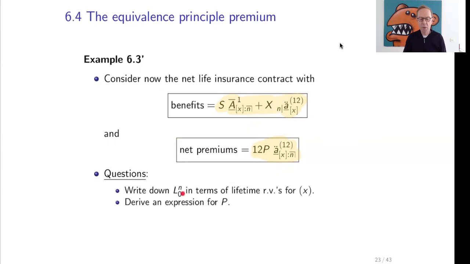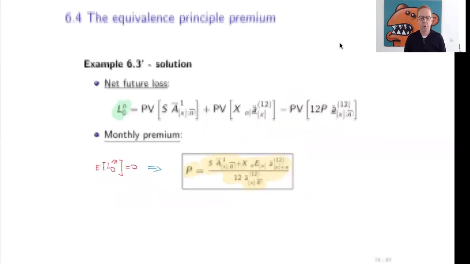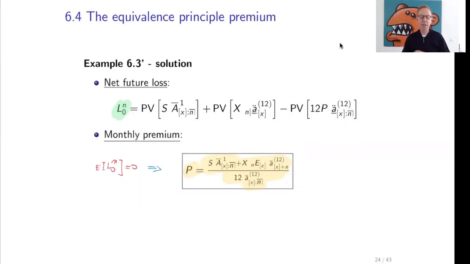Write down an expression for L0n in terms of the lifetime random variable X and derive an expression for P. Well, it is easy to see that the net future loss is the present value of the benefit outgo, so the present value of the term insurance plus the present value of the deferred annuity, minus the present value of all premiums that are paid. What is then the premium?